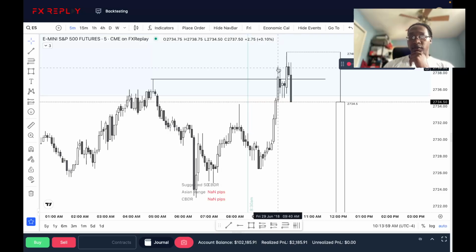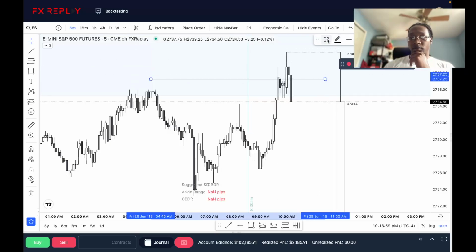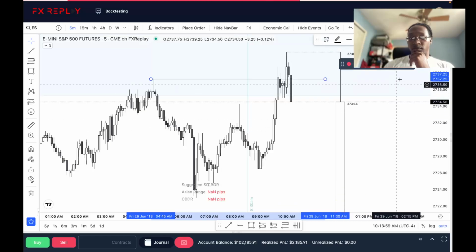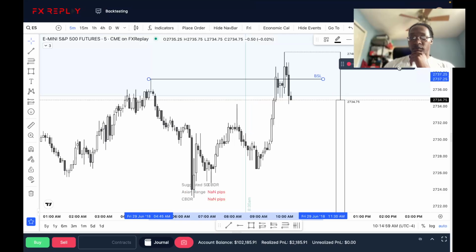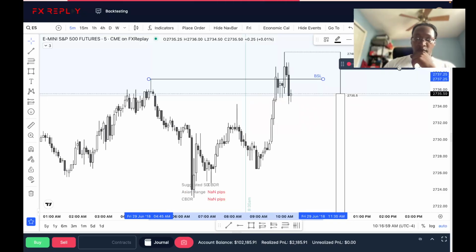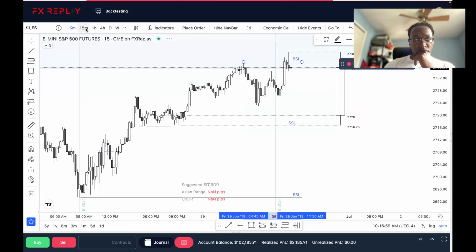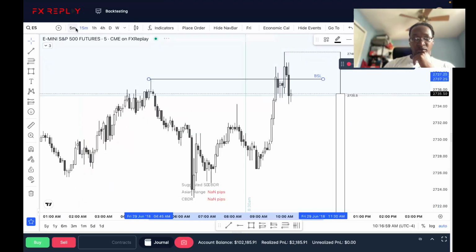We run out this initial push here, and then we take out the sell side. I put this as sell side, this buy side. We do have a gap below us.